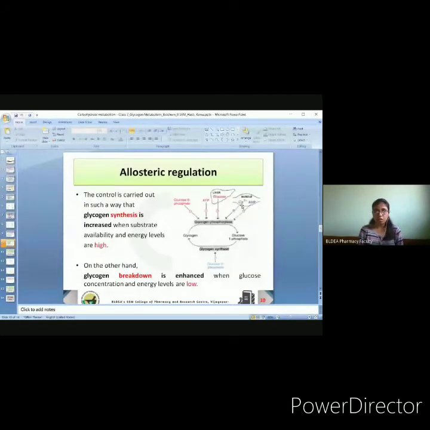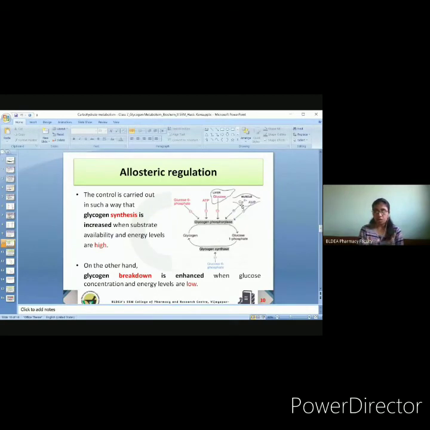In the allosteric regulation of the synthetic pathway, you can see the control is carried out in such a way that glycogen synthesis is increased when the substrate availability and energy levels are high. Means when glucose is not further required by the body and excess glucose is present, as well as ATP is sufficient in the body.